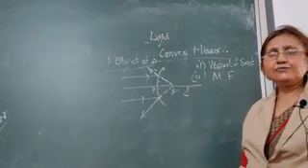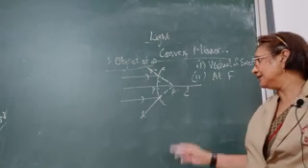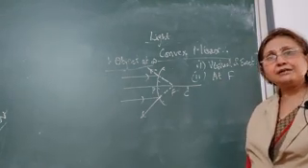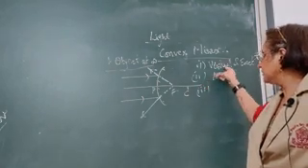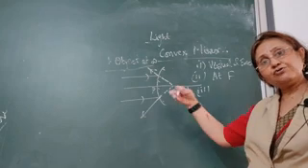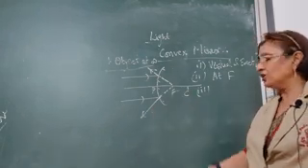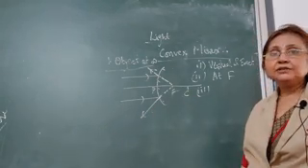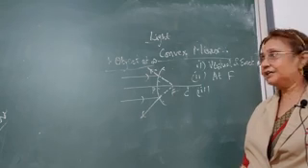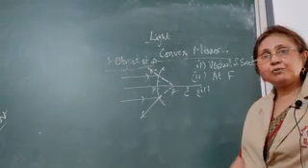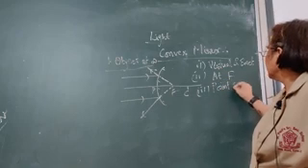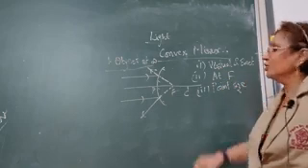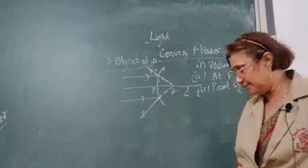We know that the focus of a convex mirror is behind the mirror. So it is formed behind the mirror at the focus. Virtual and erect images are always formed behind the mirror. Now the third point is the size of the image. The rays are meeting at a point, so it is a point size image. The image is very small in size, that is, point size.